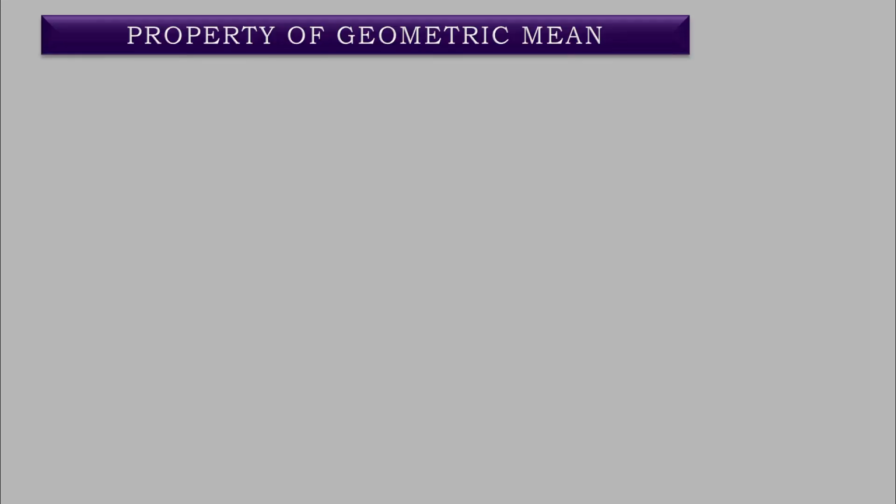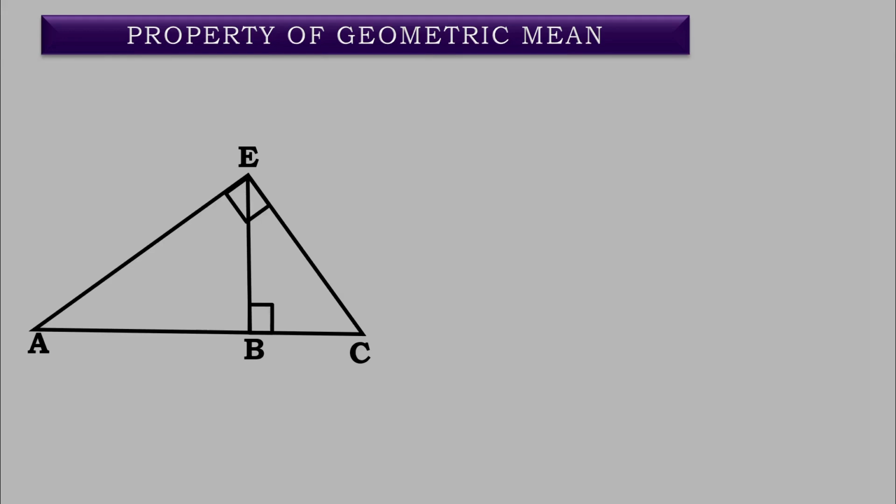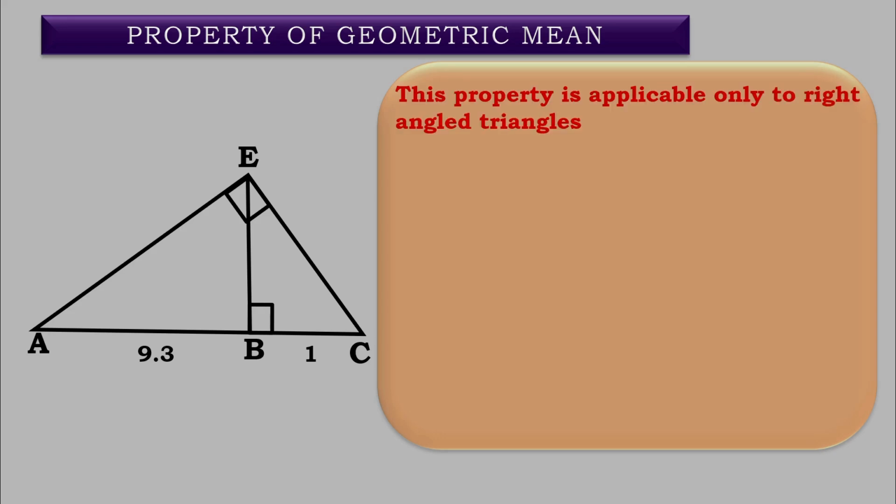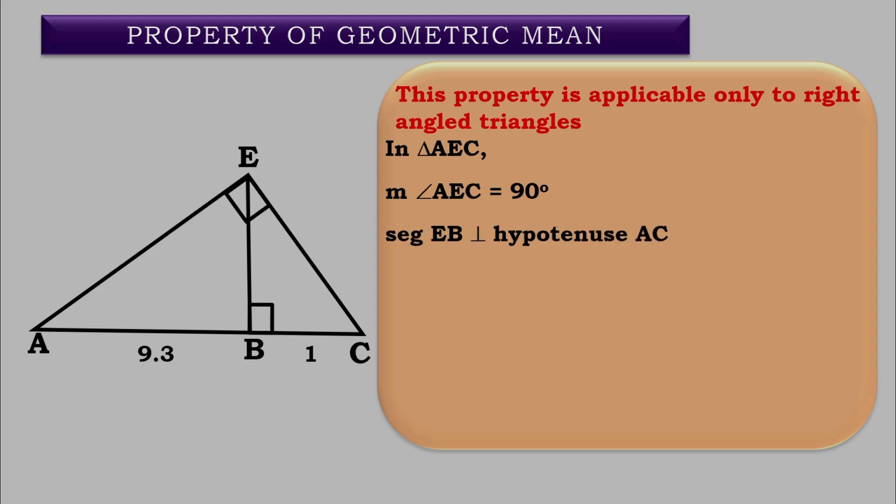Now the property of geometric mean. This property is applicable only to a right angle triangle. In triangle AEC, let us take a look that angle AEC is 90-degree. EB is perpendicular to hypotenuse AC.